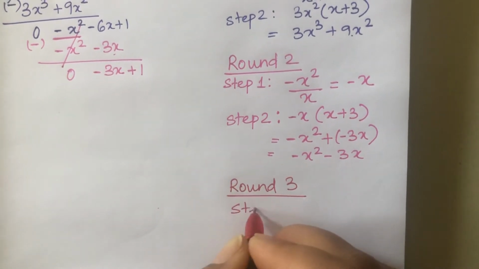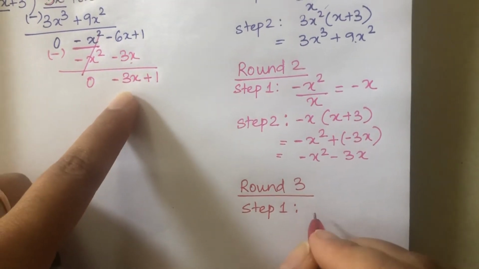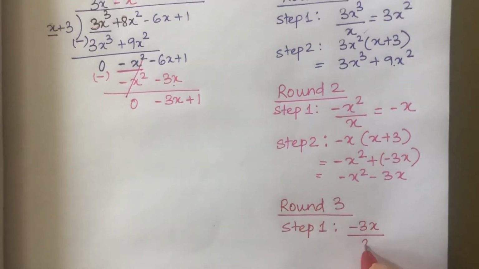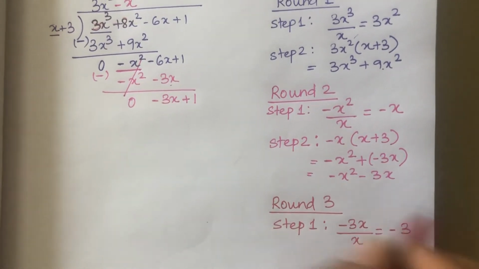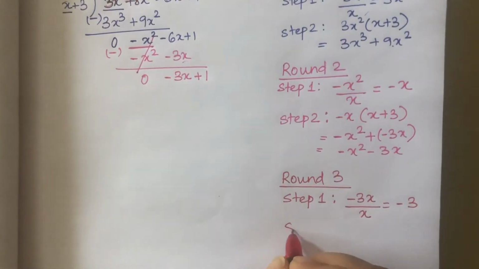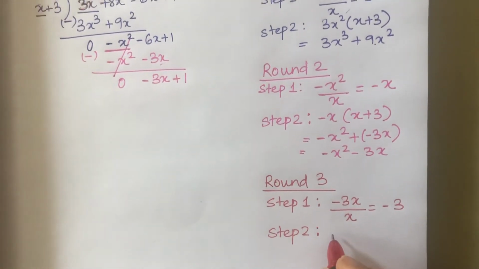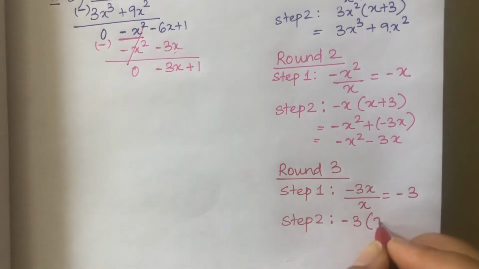Step 1 again is the first term, which is minus 3x, divided by the first term of the divisor, which is x. Minus 3 is my next quotient. So I write down my next quotient. Then I do step 2 of round 3, which is to multiply the quotient with the divisor.